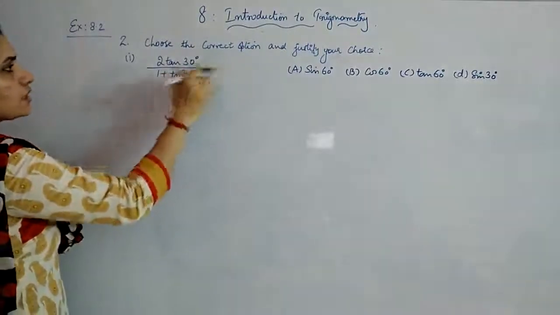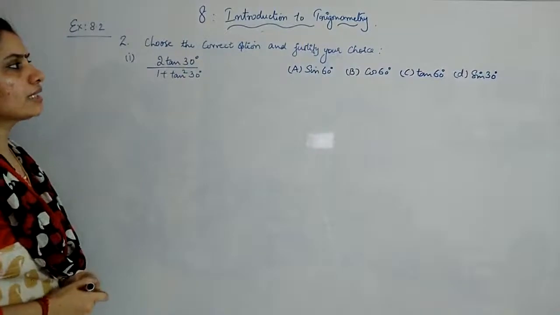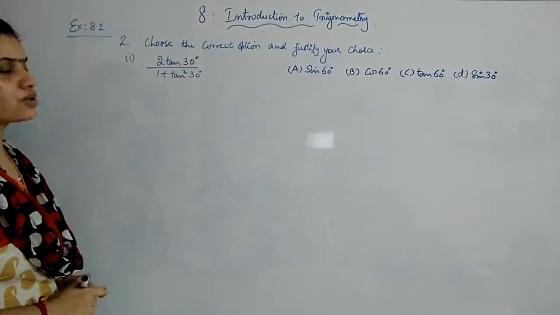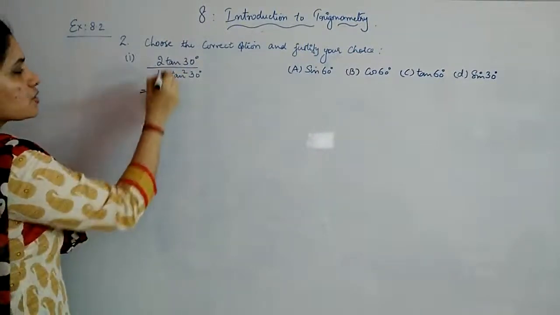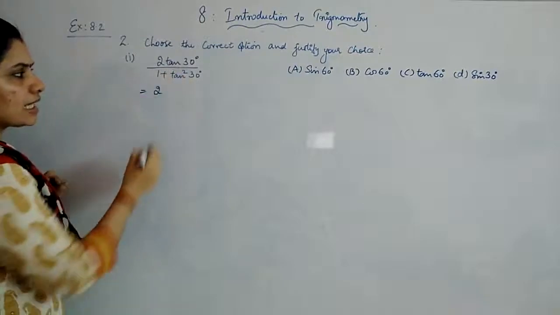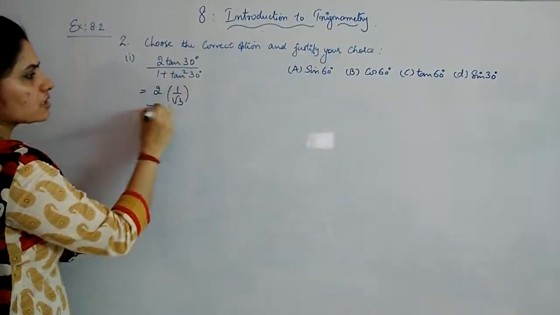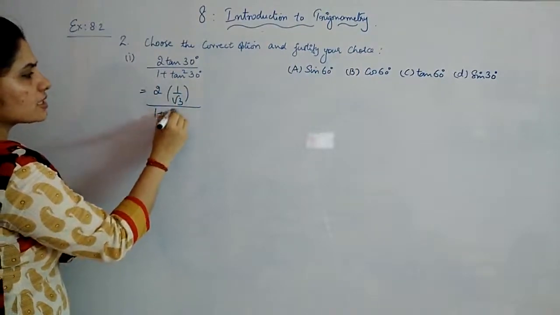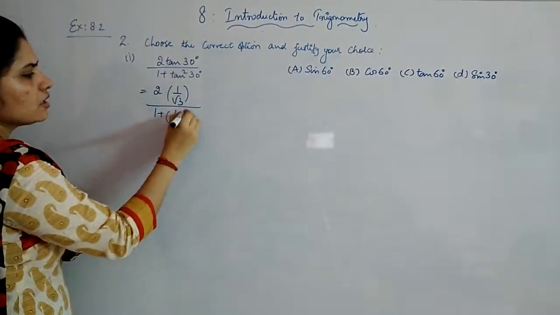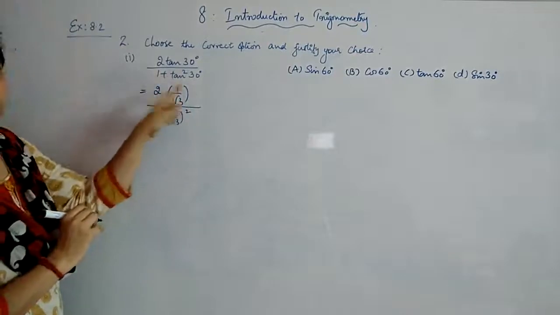For that we will start with the question, that is 2 tan 30 degree by 1 plus tan square 30 degree. Substituting the value of tan 30 degree is 1 by root 3. So you will have 1 by root 3 divided by, here you have 1 plus 1 by root 3 the whole square, because it is tan square. Okay.